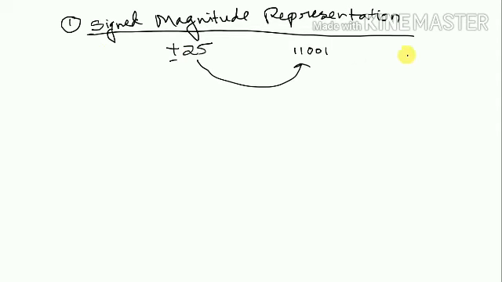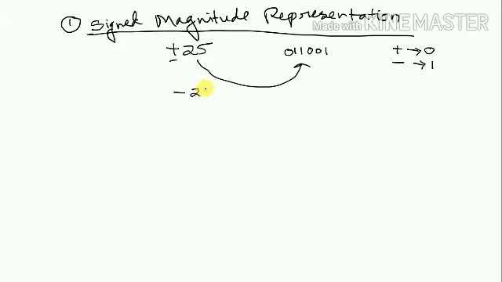So in digital logic, you always remember that plus means 0 and minus means 1. To represent minus you put 1, and to represent plus you put 0. So before this you have to put 0. So this becomes the plus 25.